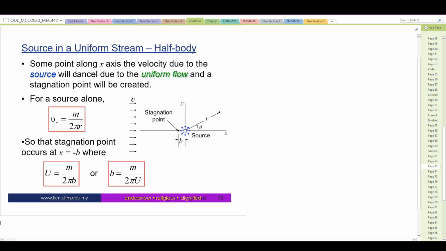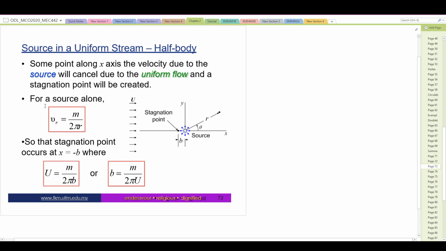At some point along the x axis, the velocity due to the source will cancel with the uniform flow, and a stagnation point will be created. Just remember that at the stagnation point the velocity will be 0.